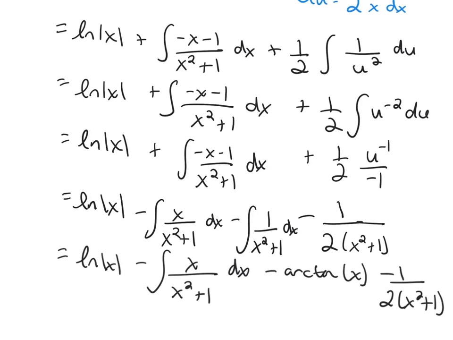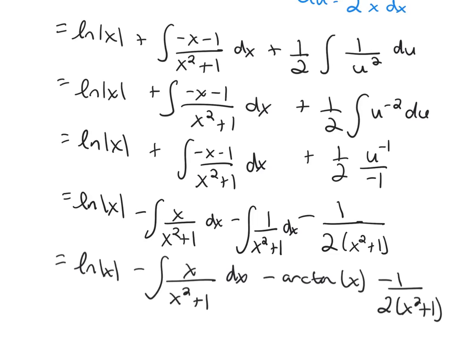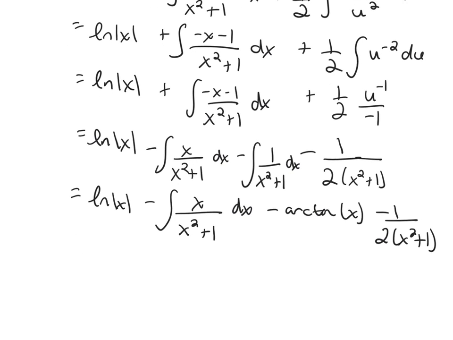It's the same substitution we just did in the previous integral. So I'm gonna do another substitution. I'm gonna let u be x squared plus 1. du is still 2x dx. Okay.